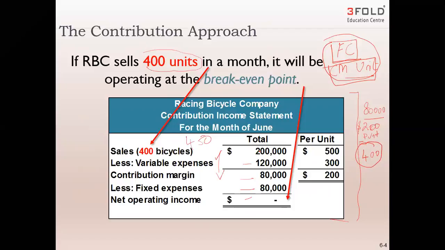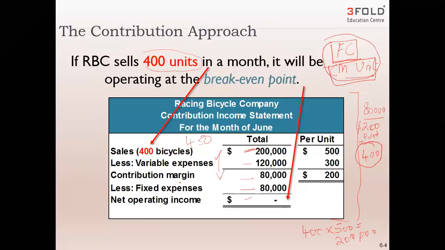Then if you want to arrive at the sales value, you just need to multiply that by the selling price. So 400 units times $500 per unit gives us a sales value of $200,000. If someone asks you how much you need to sell, you would say 400 units, and the sales value you would get out of this is $200,000.